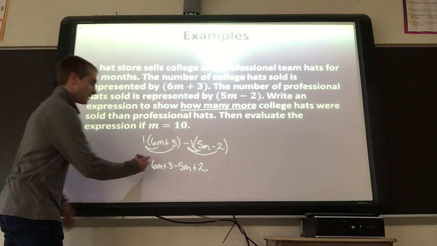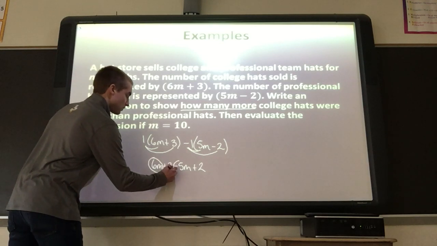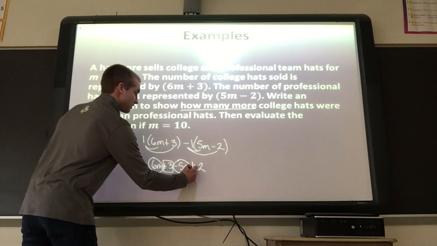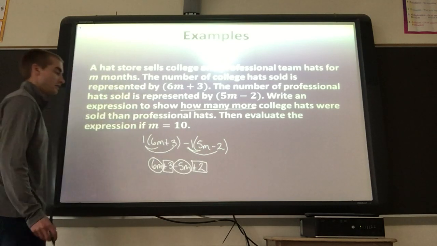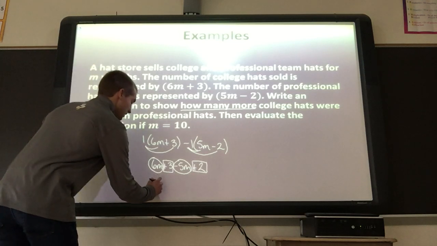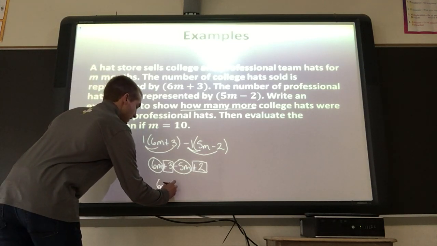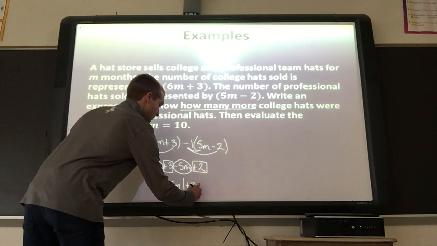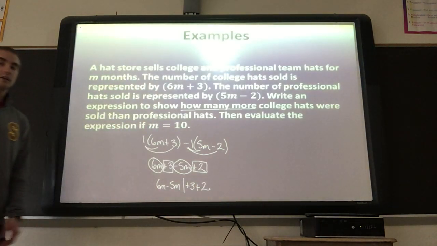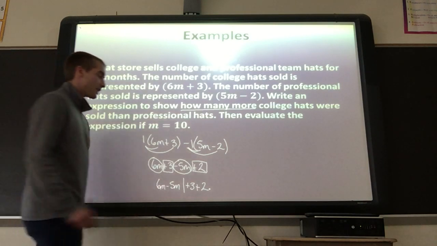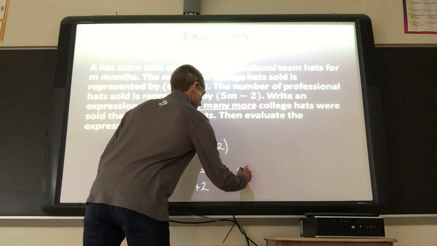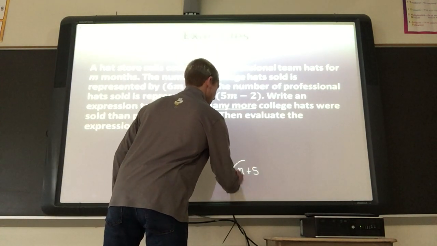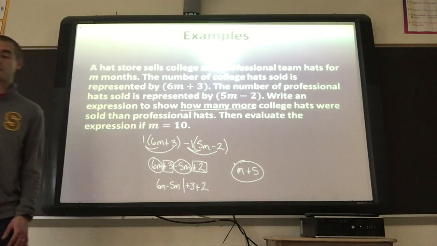So 6M and minus 5M, those would go in a circle, and then plus 3, and now it's plus 2, those would be boxed in. 6M and minus 5M would be written together, and then plus 3 and plus 2, those would be written together. 6 minus 5 gives us 1M, and then 3 plus 2 would be plus 5. So M plus 5, 1M plus 5, that is our expression.